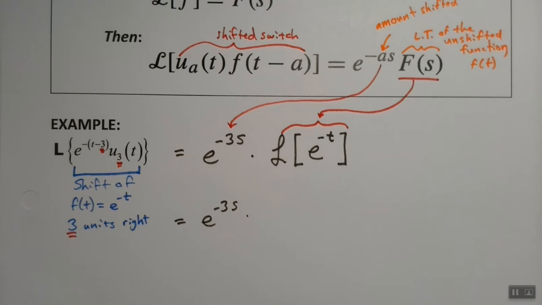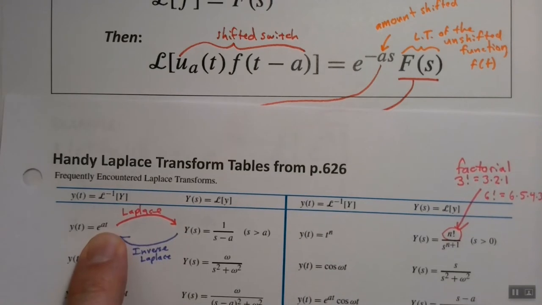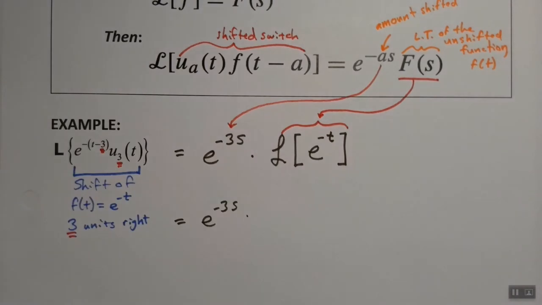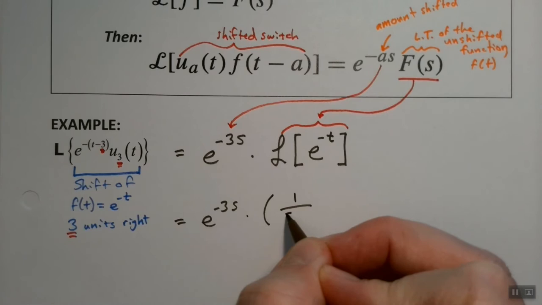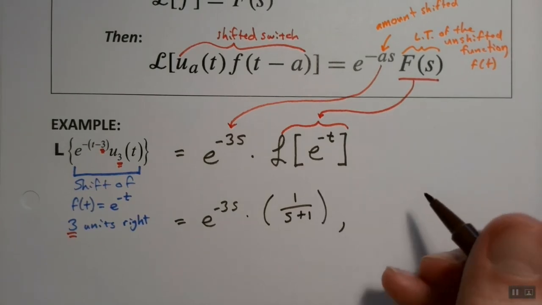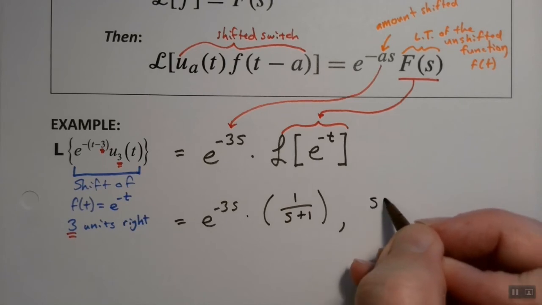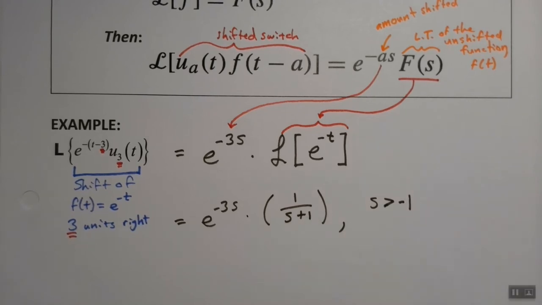The Laplace transform of e to the negative t, with a equal to negative 1, would be 1 over s plus 1. Just to be on the safe side, we have to remember that this is true for s values greater than negative 1. That comes from the restriction on that Laplace transform.